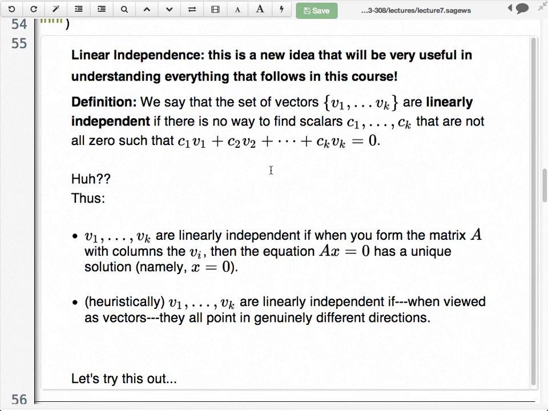Here it is. Definition. Very important definition. So if you have some vectors, a little set of vectors, v1 through vk.